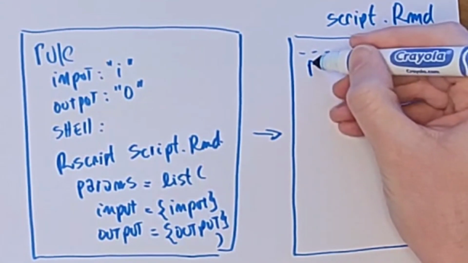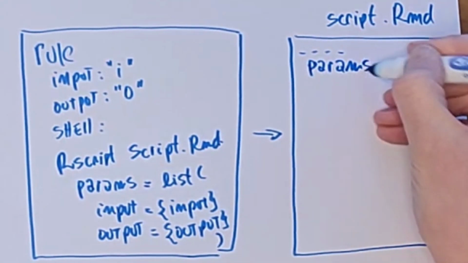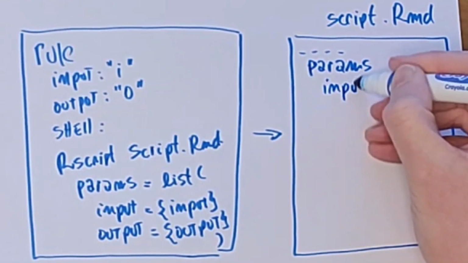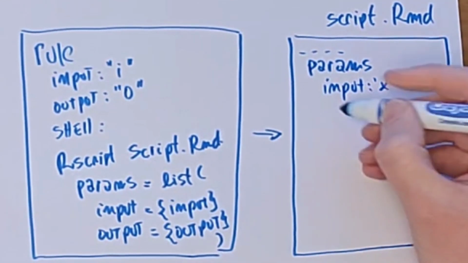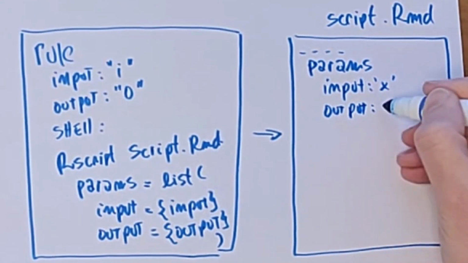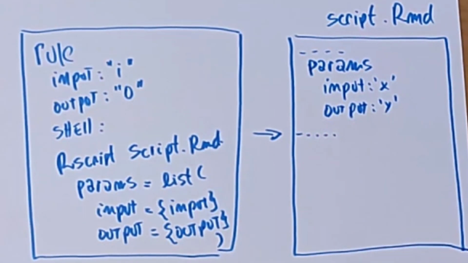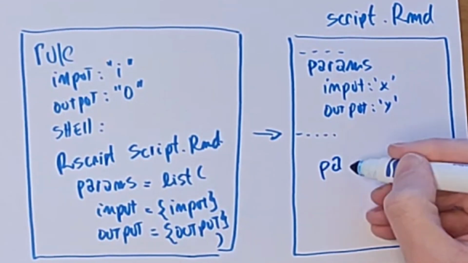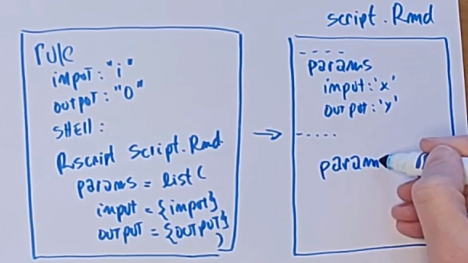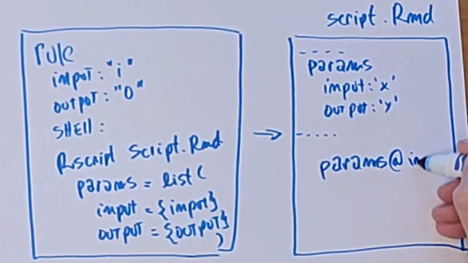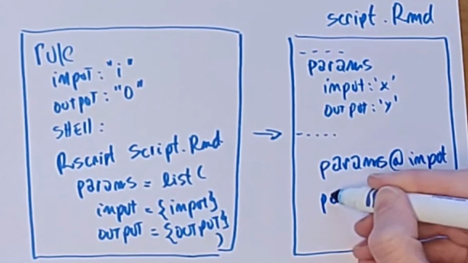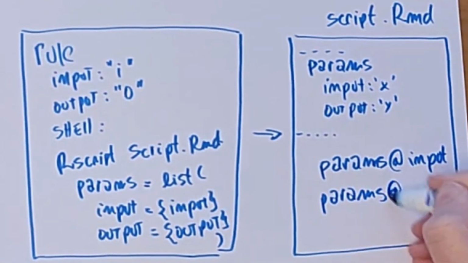So as you would know, this script RMD does have a header on top of the file, and it is here where we need to specify all these parameters, input, output, and then we will access these parameters just calling params@input, output, or any particular parameter.